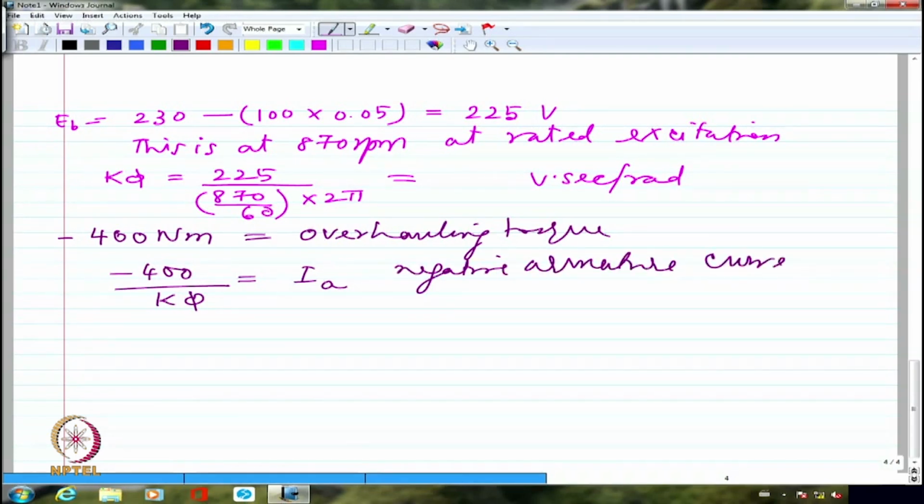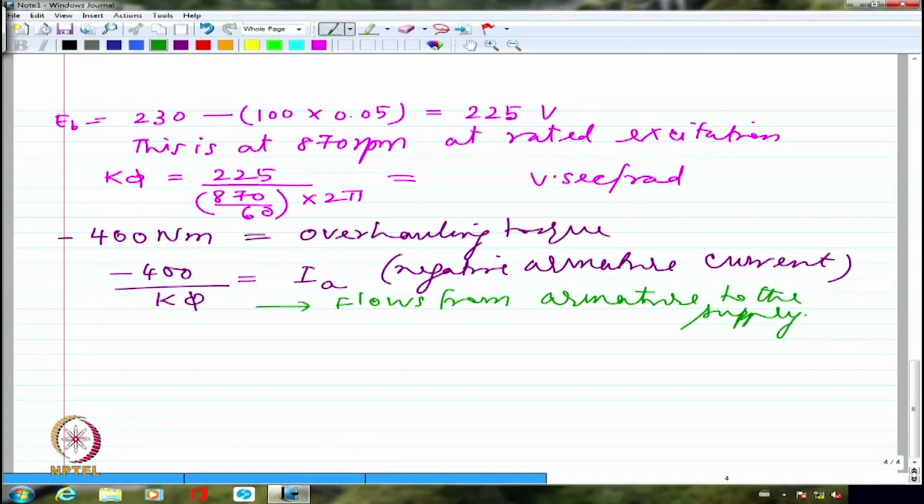Which means it is flowing from the armature into the power supply. That's what it means. The current direction is reversed. So this flows from armature to the power supply.